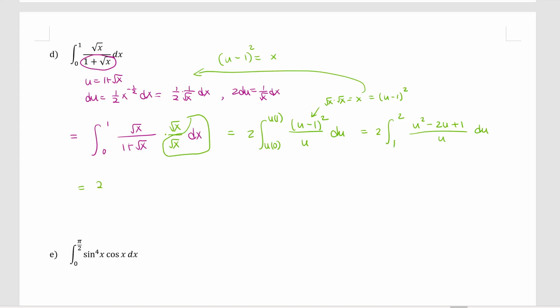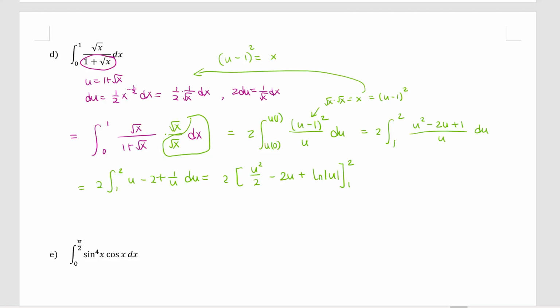So we have 2 integral 1 to 2. u squared over u is u. 2u over u is 2. And 1 over u. du. Okay, let's integrate it. Well, u squared over 2, minus 2u, and that is ln of absolute value of u. Plug in 1 and 2.